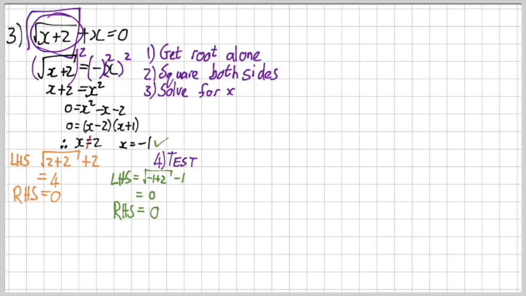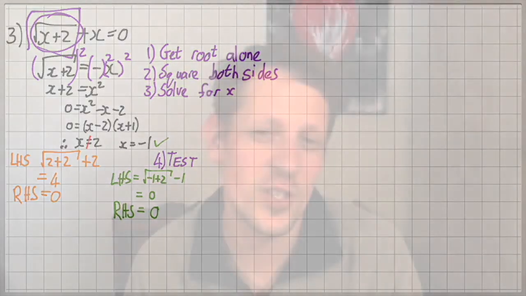Ladies and gents, this is a fantastic little question, because by doing a lot of examples it's very easy to always throw out the negative answer. But guys, only after testing do you eliminate some of those answers.